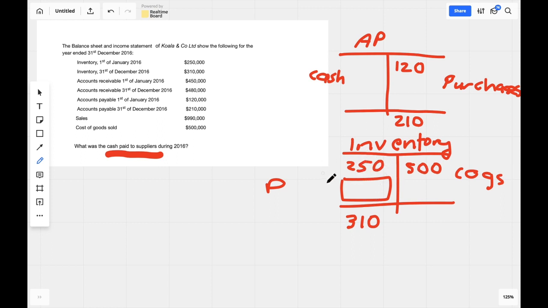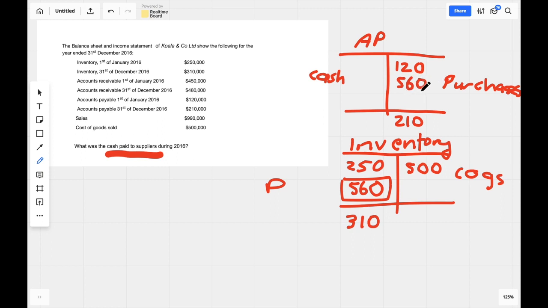Then we have to go from a negative position of 250 up to 310. So if we add 250 and 310, we've got 560K of purchases. The other side of this journal entry is the debit side goes to inventory and the credit side goes to accounts payable. And so that is the actual purchase amount of $560,000.